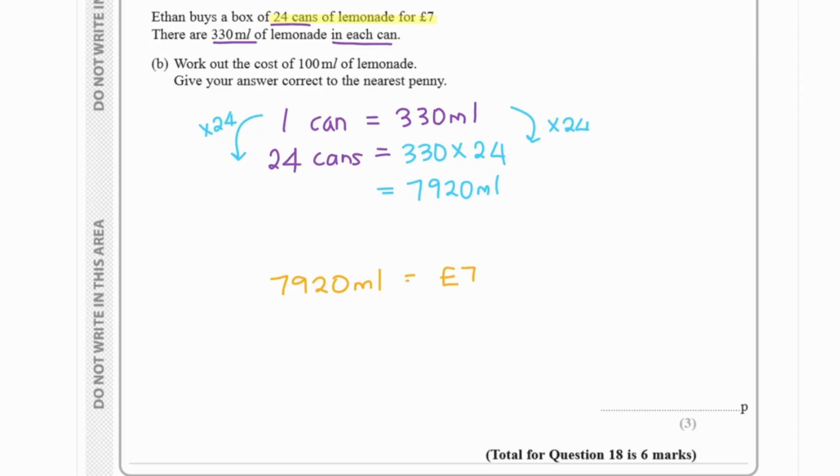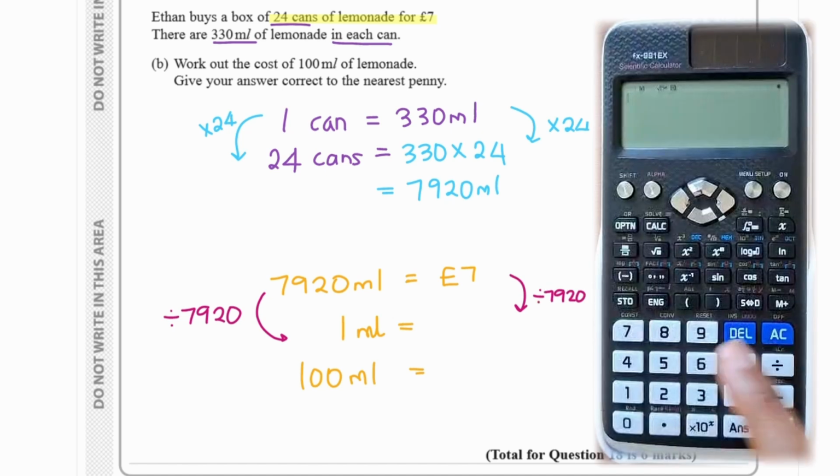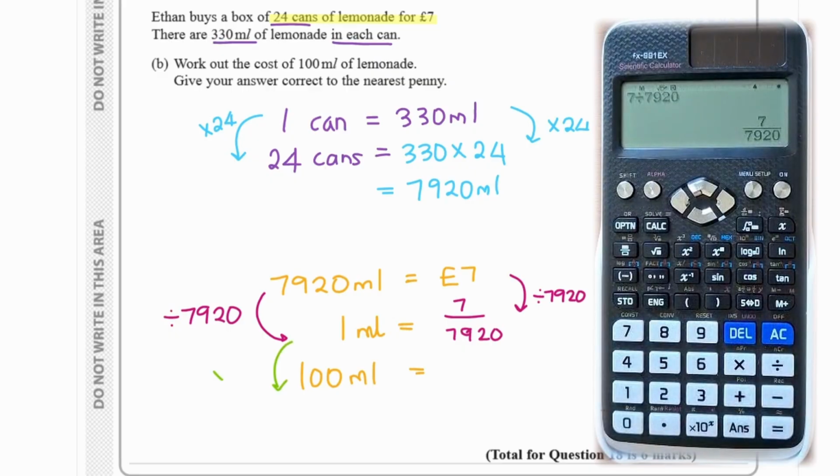The question is asking us to work out the cost of 100 millilitres of lemonade. So in order to do this, we can first work out what 1 millilitre costs. And in order to make 7,920 into 1, we have just divided it by itself. So if we do 7 divided by 7,920, we can work that out on the calculator, and that gives us a fraction of 7 over 7,920 pounds.